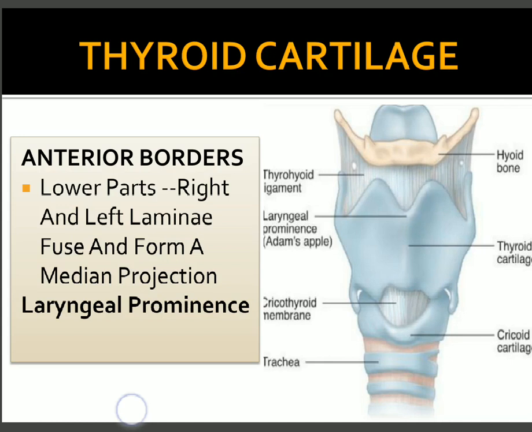So this depression that you see here is the thyroid notch, and this is the anterior border. In the upper part, they do not meet, but in the lower part, they fuse together. The right and the left laminae fuse together and form a median projection which is known as the laryngeal prominence or Adam's apple.